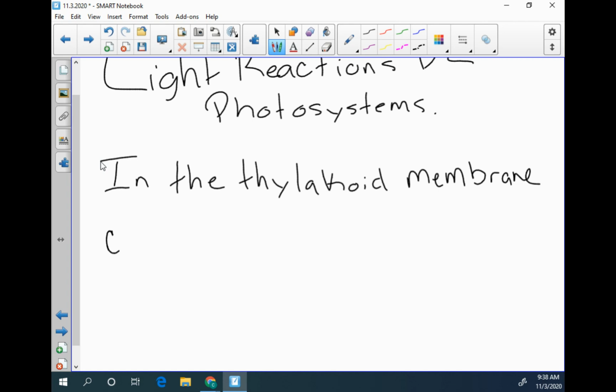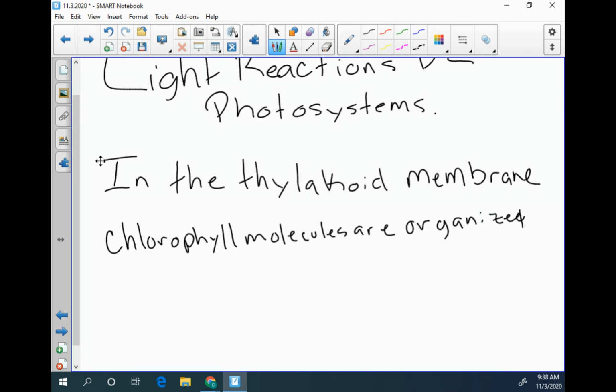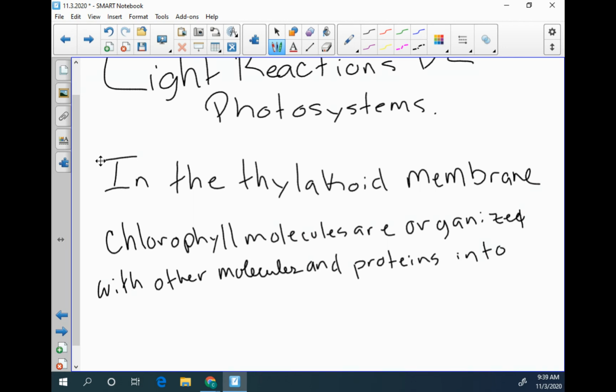Chlorophyll molecules are organized with other molecules and proteins into complexes called photosystems.